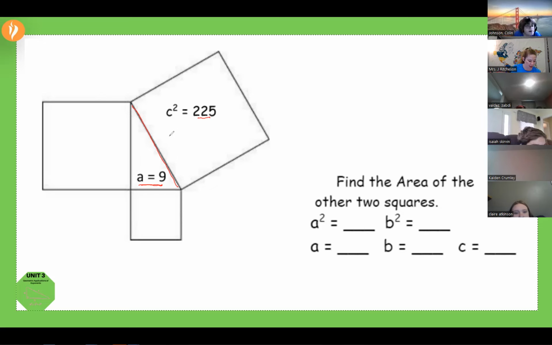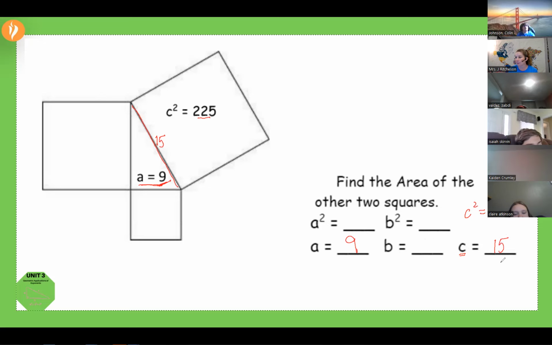So under the radical, if you pull up square root of 225, it tells you that C is 15. So if we are filling out this little chart, we know already that A is 9, and we know by the picture that C squared is 225. And so now we know that C is the square root of 225, which is 15.